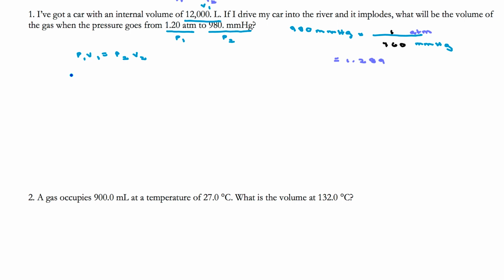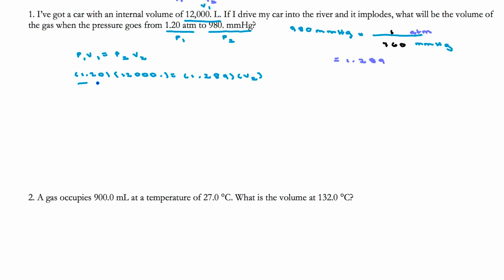So let's plug in my values. My P1 here is 1.20. My V1 is 12,000. My P2 I just solved for. I got 1.289. And I am solving for my V2.